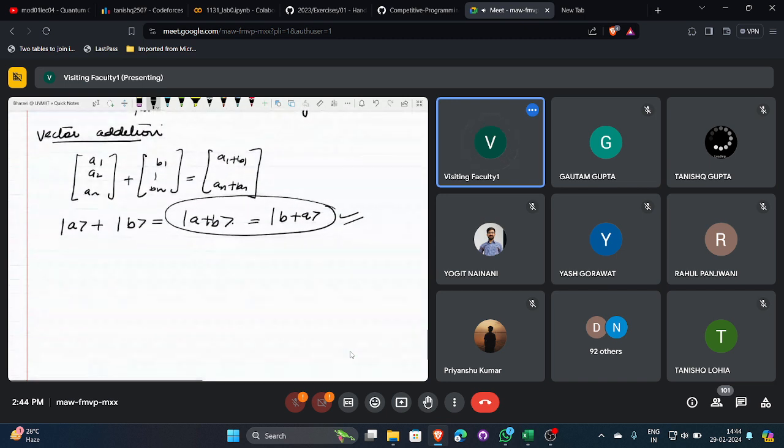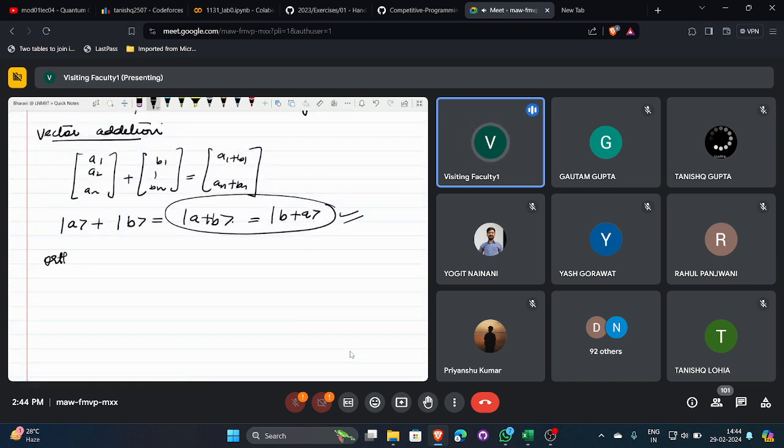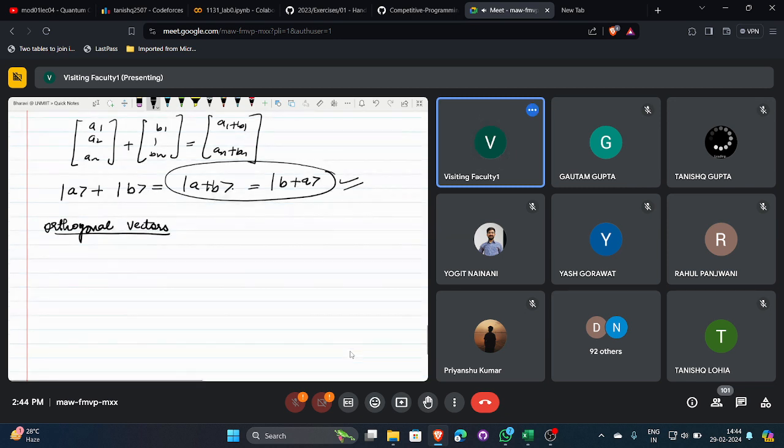Okay. Now the next important term in quantum is orthonormal, orthogonal vectors. Vector A and vector B are perpendicular vectors if and only if this holds.